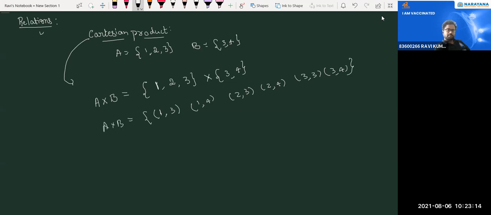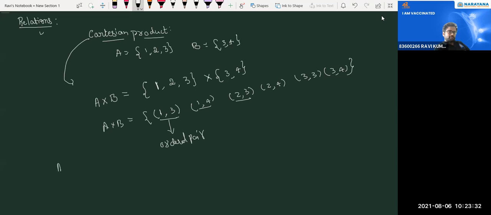A cross B means we write these numbers like ordered pairs. Ordered pair means these two are one pair, these two are one pair. We divide them into pairs and write them in brackets. These are called Cartesian product.